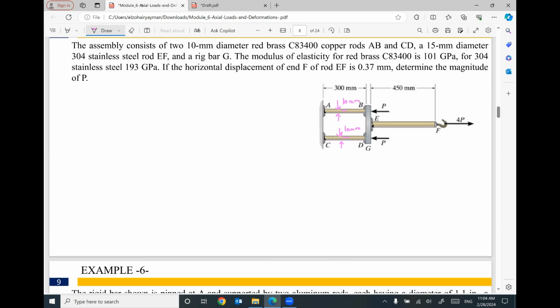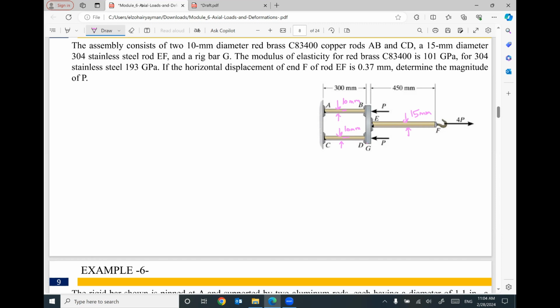And we have another rod EF, a 15 millimeter diameter stainless steel rod, and a rigid bar at G. Where is G? This rigid bar at G.